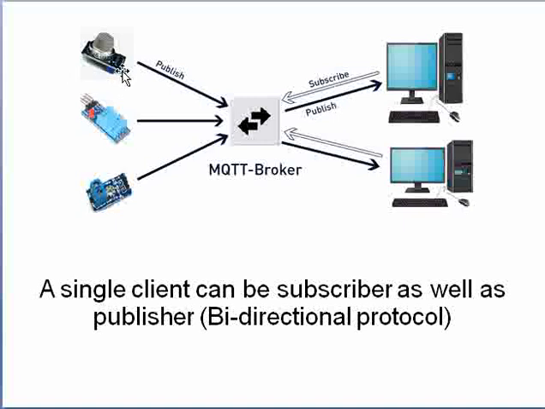So this is called management, right? The client can manage the required communication. So control and manage is also possible over here. So now coming to a topic. In such cases, a single client can act as a publisher as well as a subscriber, which means that MQTT is a bidirectional protocol.